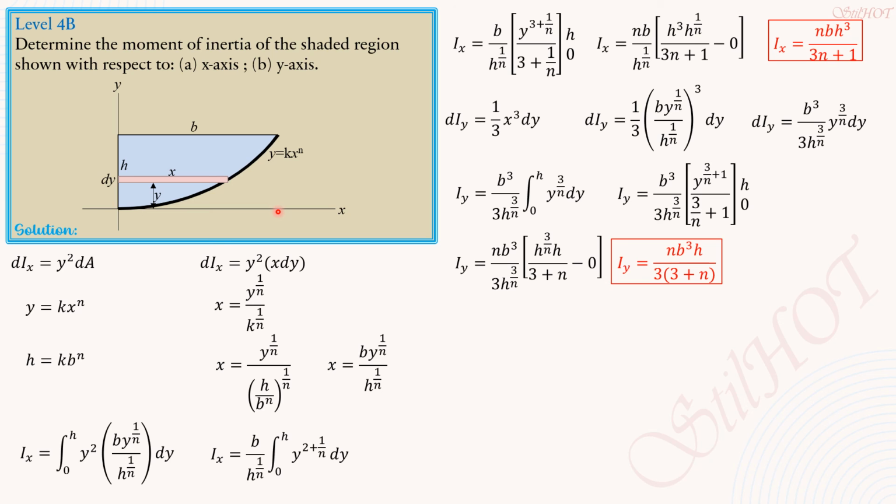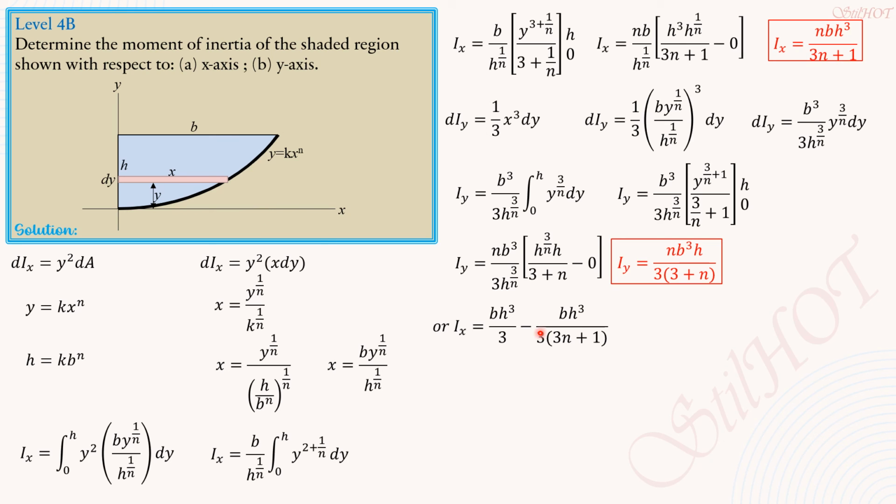Remember that it was bh cubed over 3 times the quantity 3n plus 1. So Ix is bh cubed over 3 for the rectangle minus bh cubed over 3 times the quantity 3n plus 1. Remember this formula from level 4.